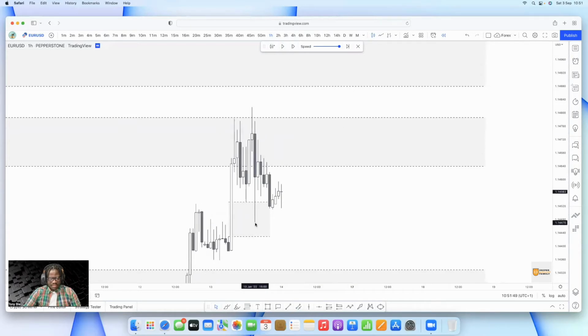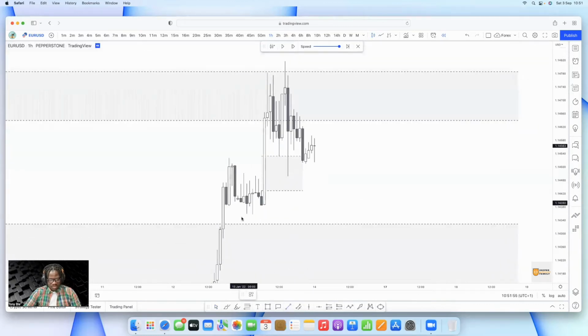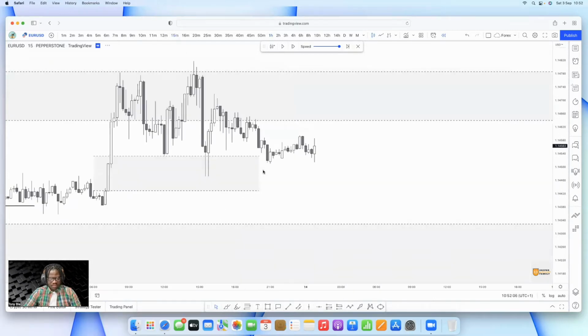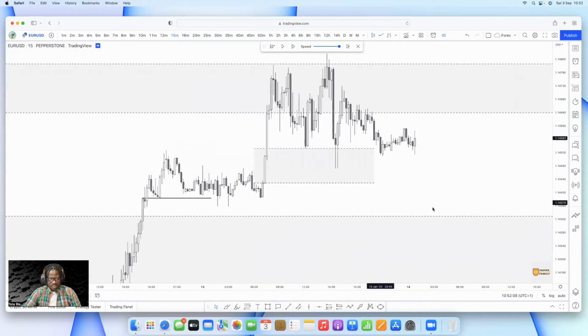Yes, from what I can see, price got to 50% of the imbalance. We also had some liquidity sweep in this area. You can see we had this and then this area with some liquidity that was swept here. Let me see. I'm just going to go to the 15 minutes time frame to see if I can identify the candle.